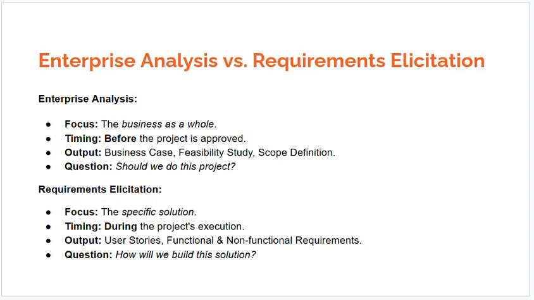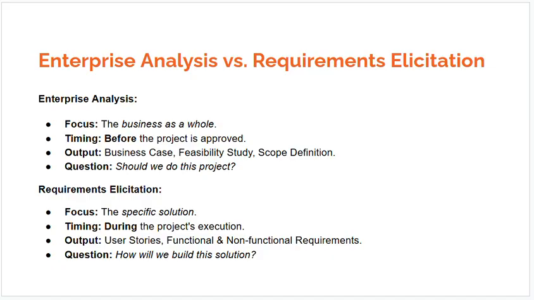So let's move on to the next slide, which is enterprise analysis and requirement initiation. Let's discuss what enterprise analysis is, how the BA will be involved in requirement initiation, and how they differ from each other. The enterprise analysis keeps its key focus on the business as a whole.